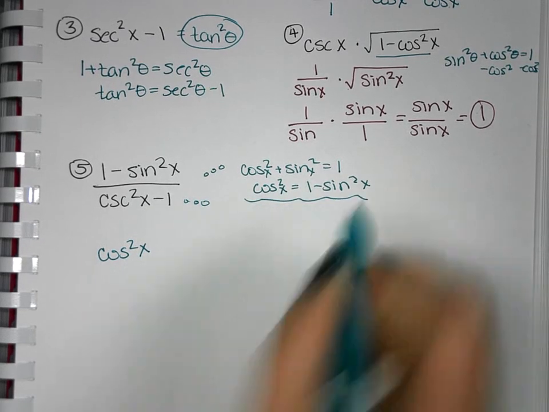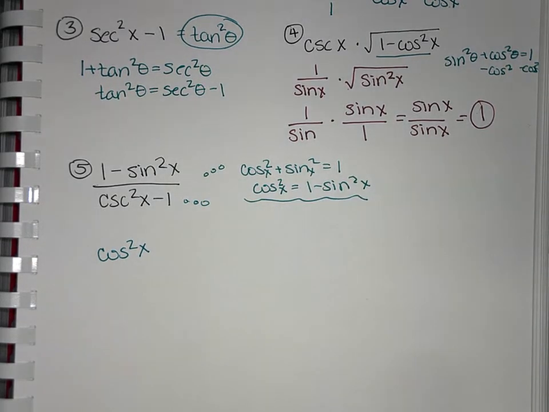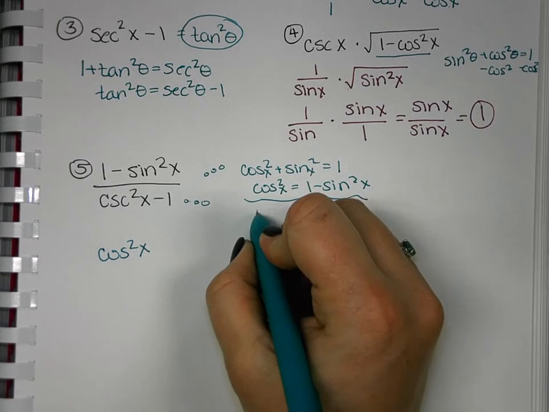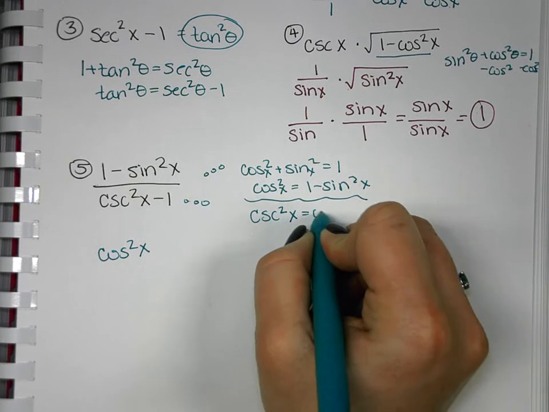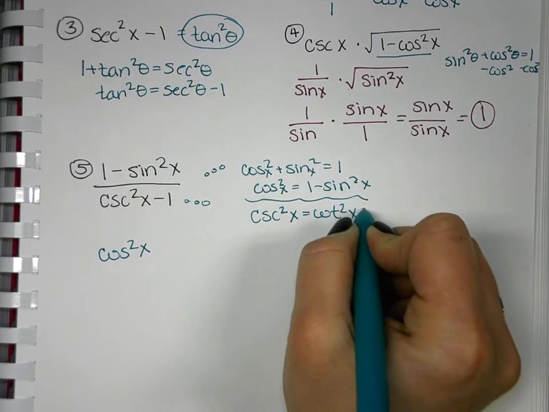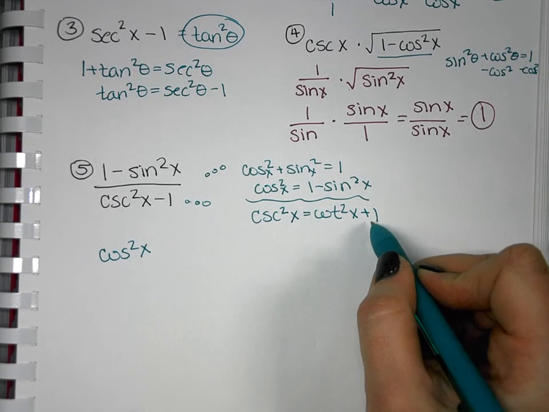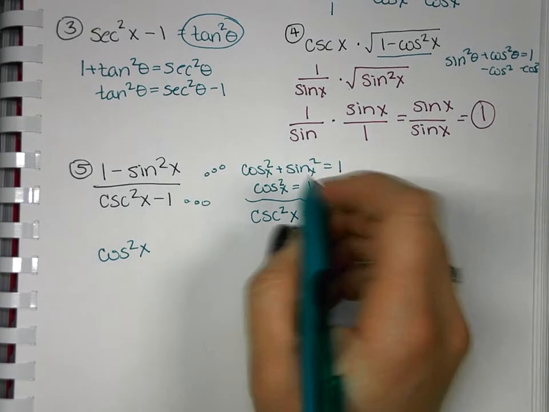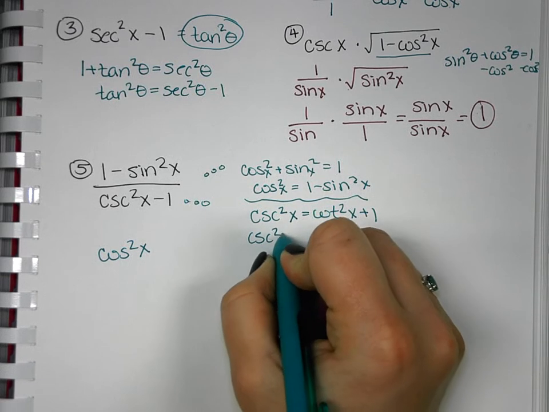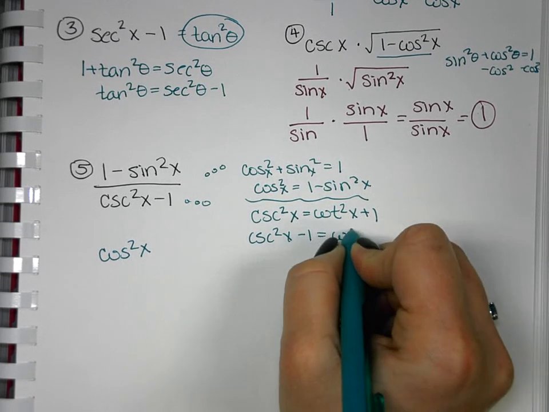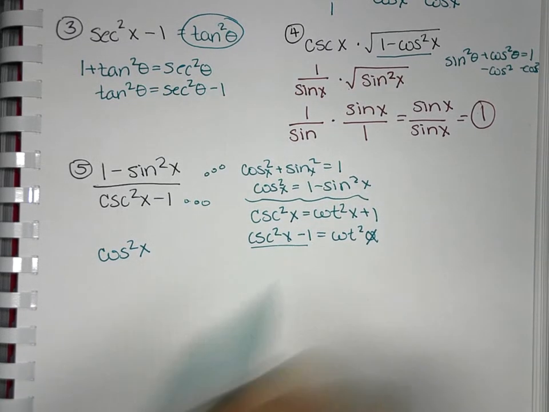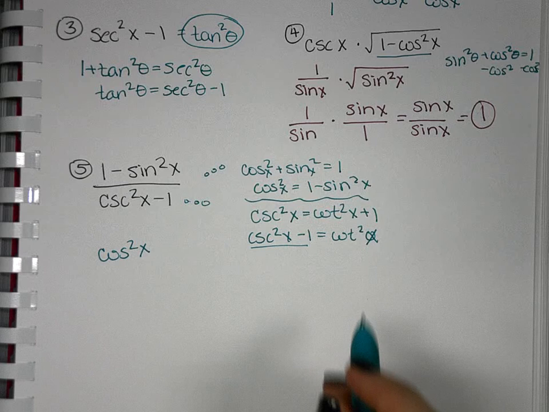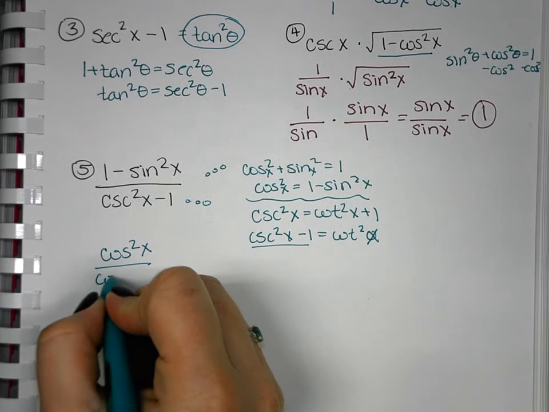On bottom, I know I have a trig identity that contains a cosecant, and it says cosecant squared x equals cotangent squared x plus 1. So this is the identity, but if I solve for cotangent by moving the 1 over, I get my cosecant squared x minus 1, and I know that it's going to equal cotangent squared x.